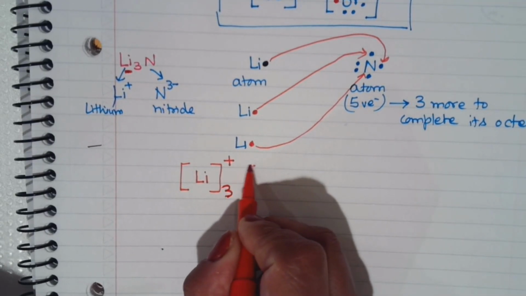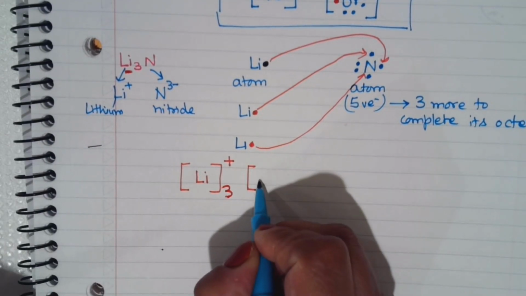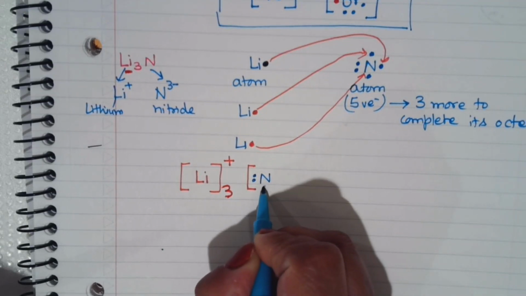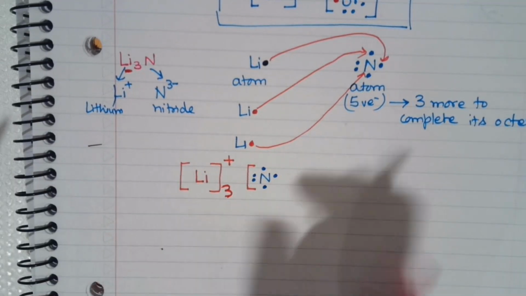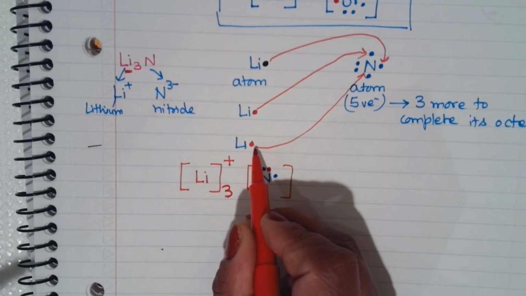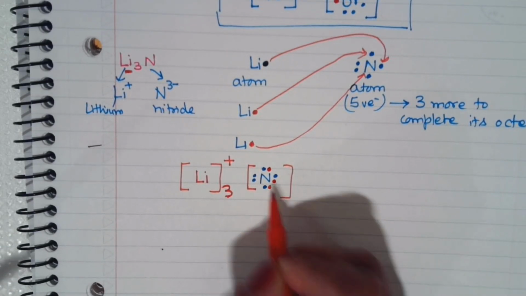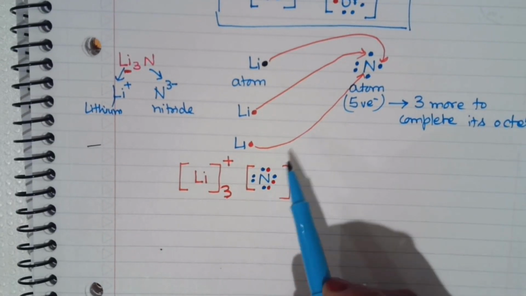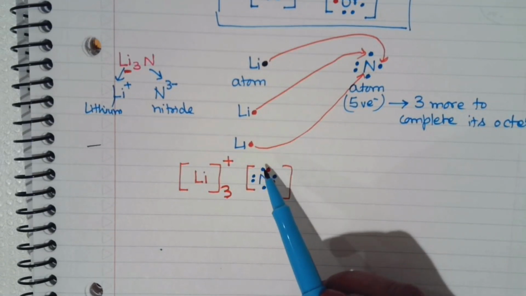And now for the nitrogen, nitrogen originally had 5 valence electrons. 1, 2, 3, 4, and 5, right? And then it gained 3 more electrons, the red ones, from each of the lithium atoms. So here, I drew the red electrons. So these are the electrons that nitrogen got from lithium.